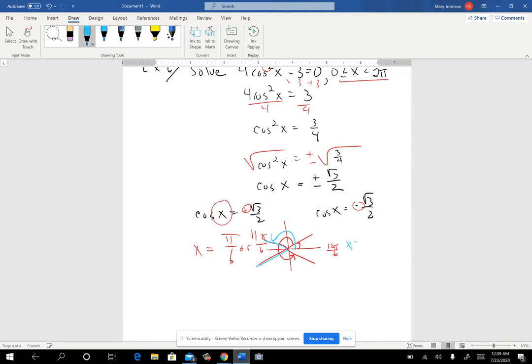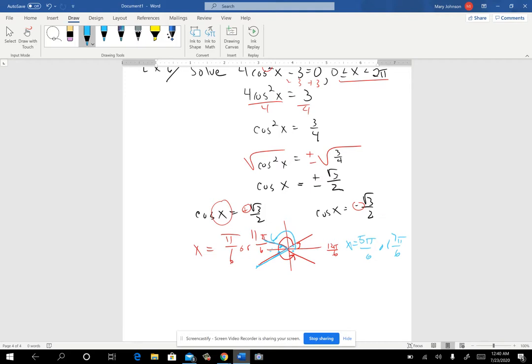So that would be when x is at not 6 pi over 6, but 5 pi over 6. And then also when you're pi over 6 past it, because all four of these have the same reference angle. So when you're pi over 6 past it, you're at 7 pi over 6. So I have 5 pi over 6, 7 pi over 6, then I have the pi over 6 and the 11 pi over 6. Those four.